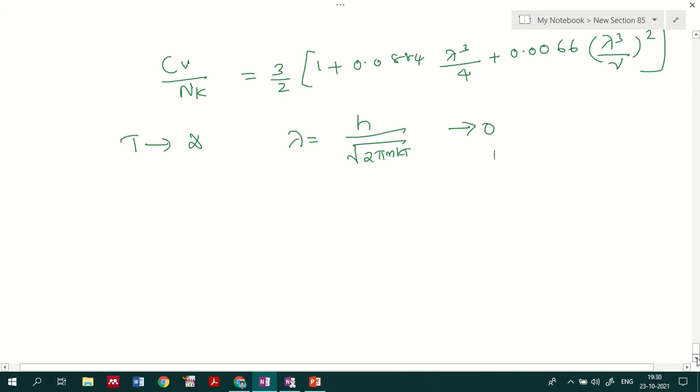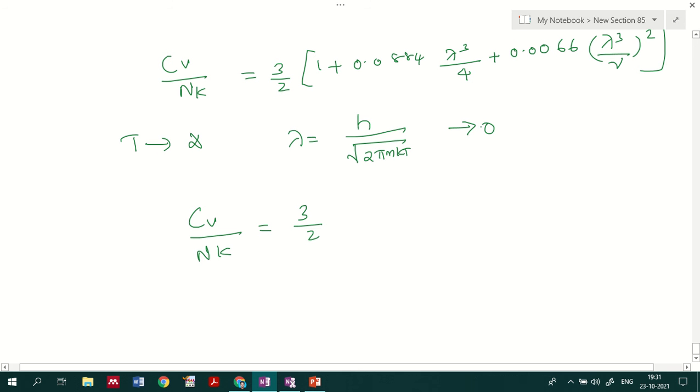So by considering that, I can say that for this representation, Cv by Nk will be equal to this term and all: 3 by 2, this lambda cube by 4 and so on.